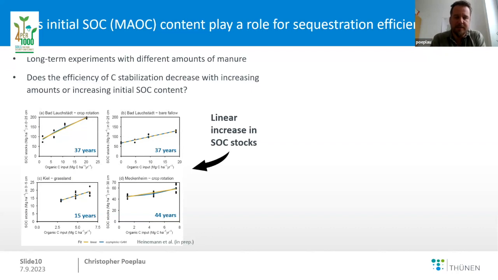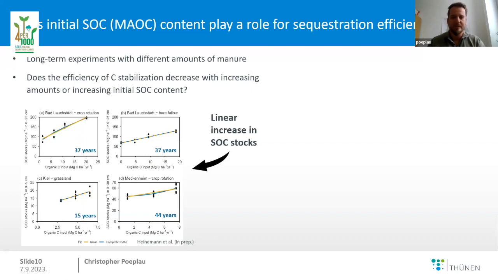And this was tested in this study here by Henrike Heinemann, 4 different long-term experiments that we sampled, and those received a lot of manure for quite a long time. So the upper 2 ones, they received for 37 years, 4 different amounts of manure. And the highest addition was 19 tons of carbon.